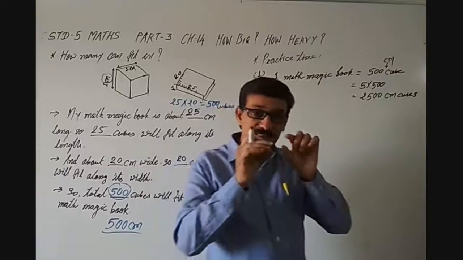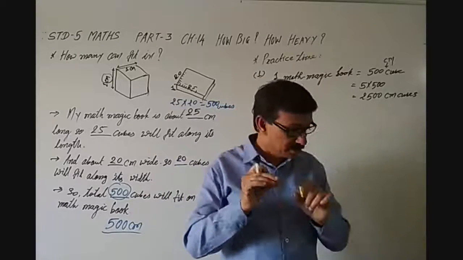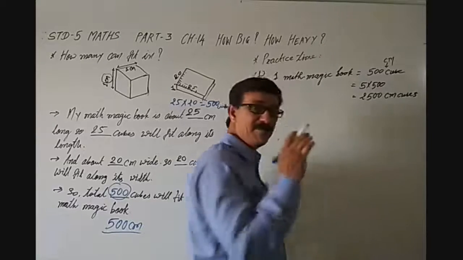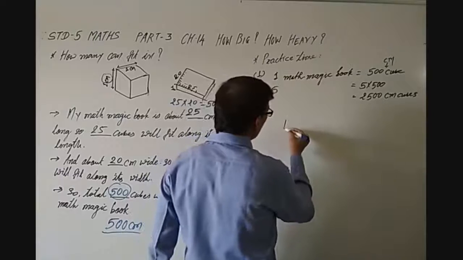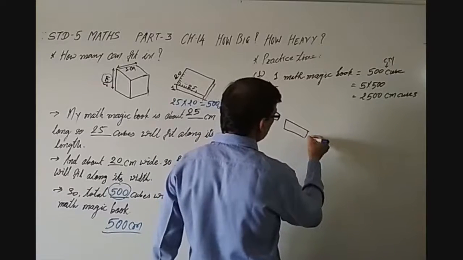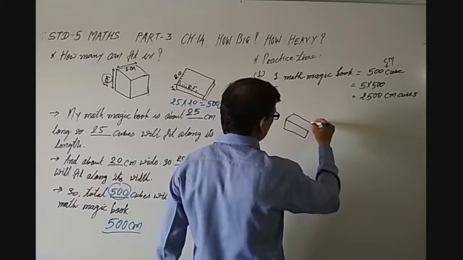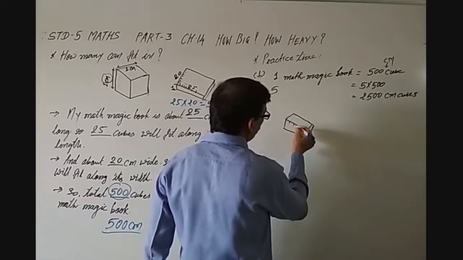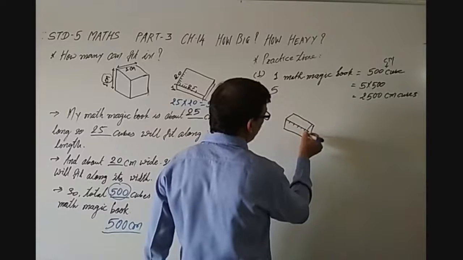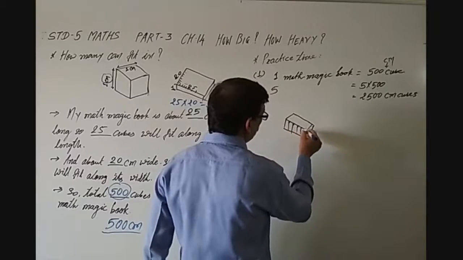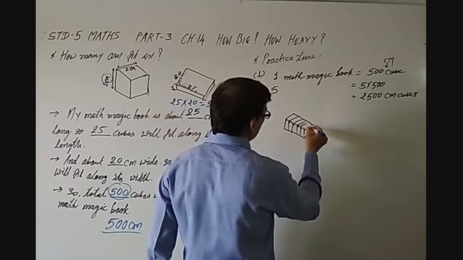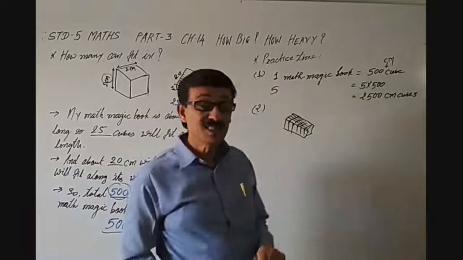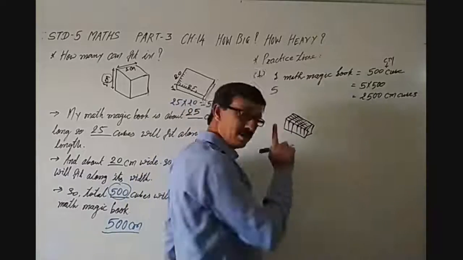So let me make you understand. Suppose the length of the matchbox is 5, 2, 3, 4 and 5. And the width is 4 and the height is 1.